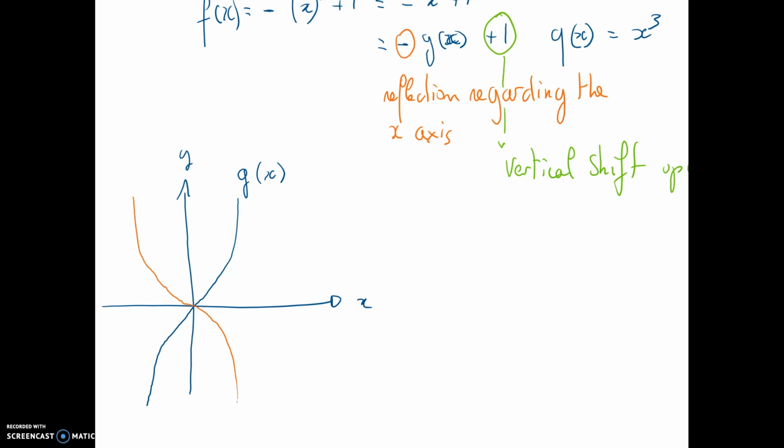All right, so now we are dealing right here with negative g of x. And now if I want to have a vertical shift upward of +1 unit, if that is 1, I basically end up with something like that. And this is f of x, which is negative x cubed +1. Okay?